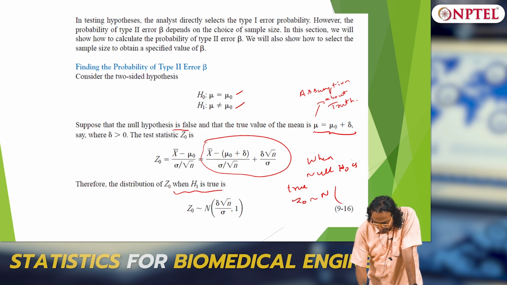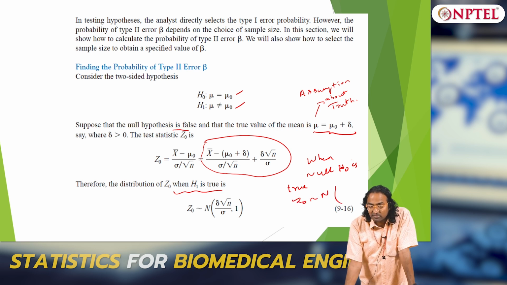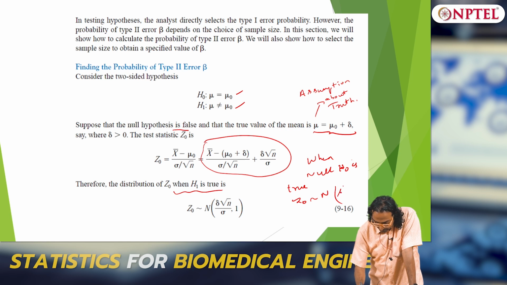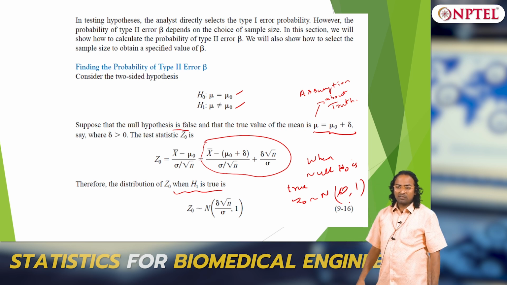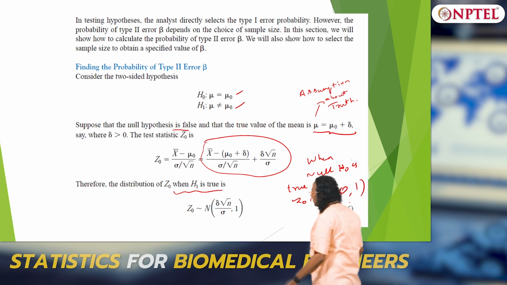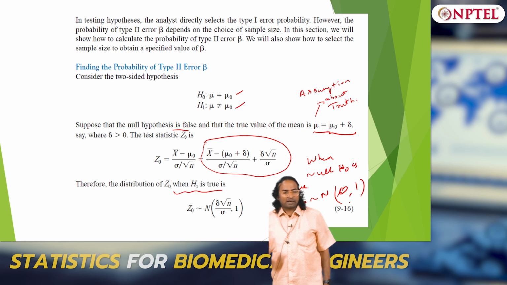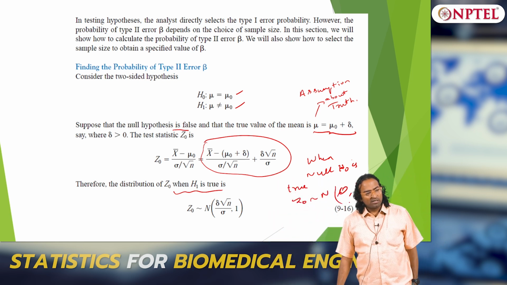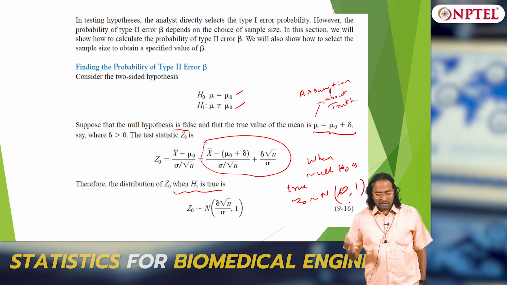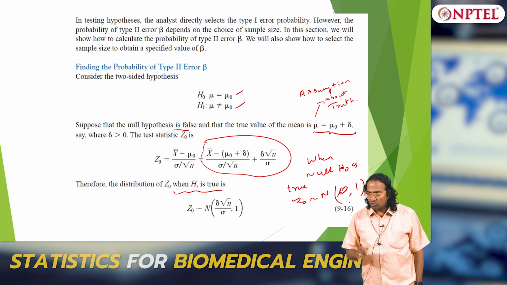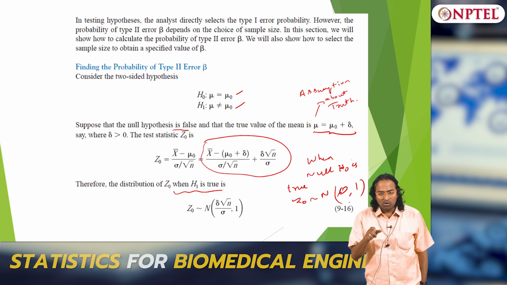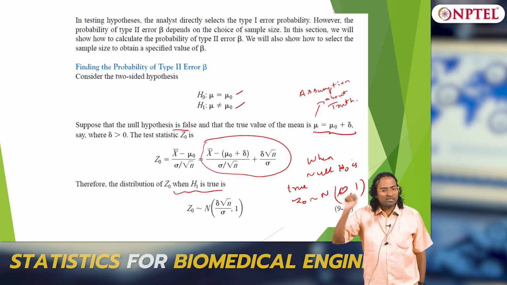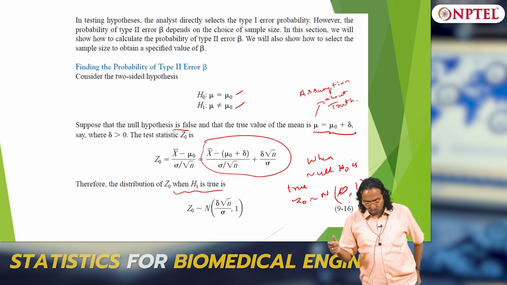Z0 is approximately normal with mean mu naught; if I remove that, it is 0 comma 1, standard normal. If H0 is true, this is going to be standard normal, but if H0 is not true, then what is the distribution? Your assumption was the center value was mu naught. So Z minus mu naught should have given you 0 if the null hypothesis is true, but the null hypothesis is not true.